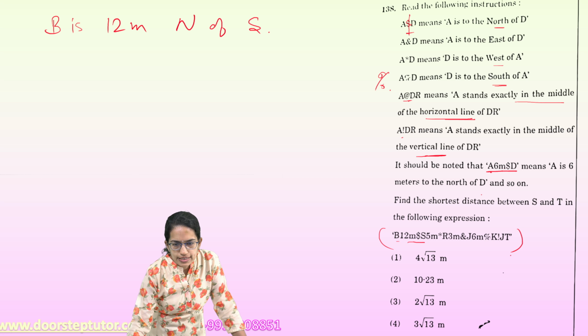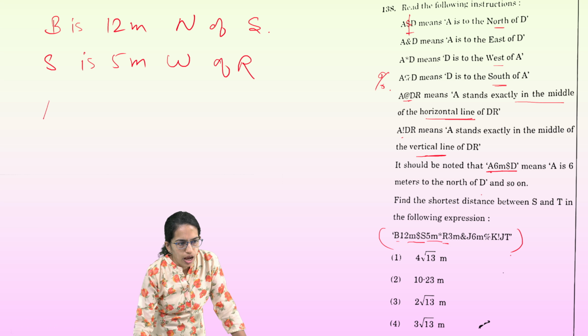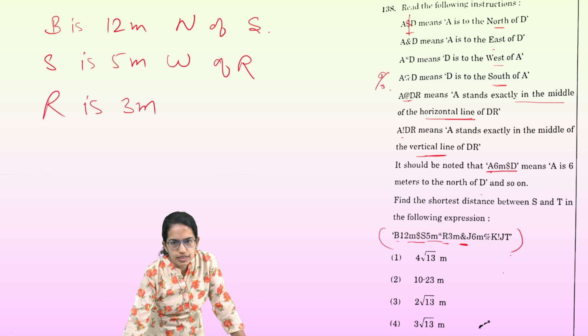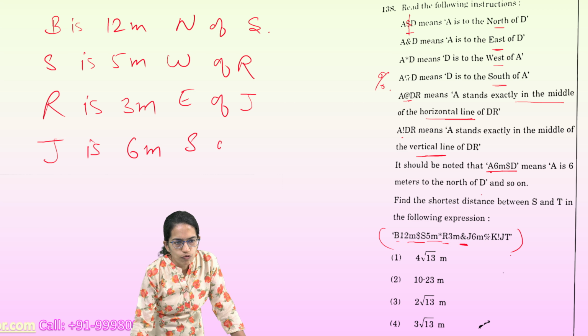Then S is 5 meters, star is west, so S is 5 meters west of R. R is 3 meters, then it is the and sign, and is east, so east of J. J is 6 meters south of K.